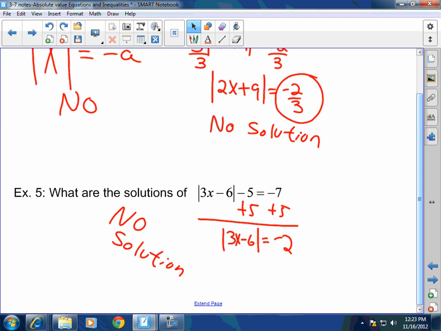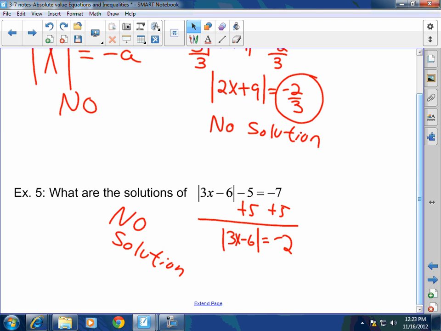But talking about inequalities, if an absolute value is greater than a negative, continue forward with that problem. If the absolute value is less than a negative, no solution. If an absolute value is less than or equal to a negative, no solution. So again, if an absolute value is equal to a negative, no solution.